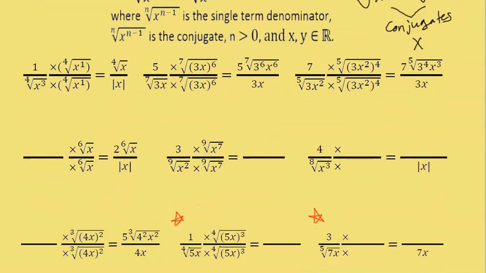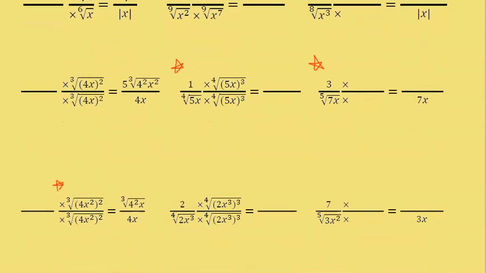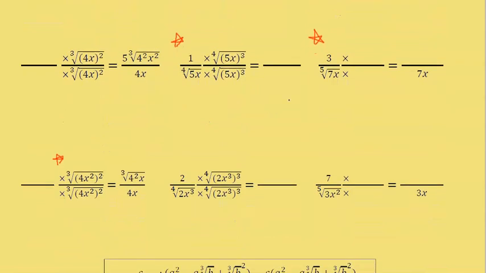Let's look at some of these. So, we want to multiply 1 times the 4th root of 5x to the 3rd power, and that just gives you the 4th root of 5x to the 3rd power.